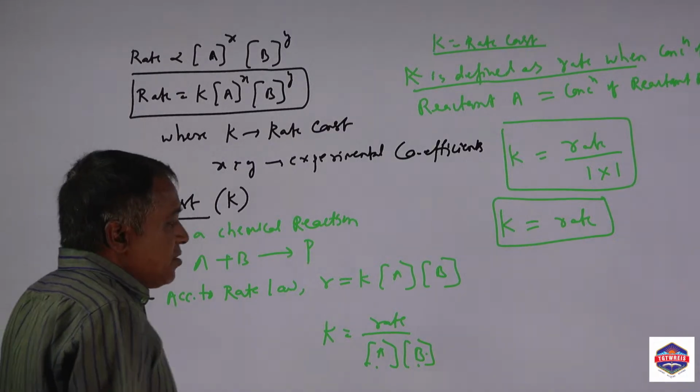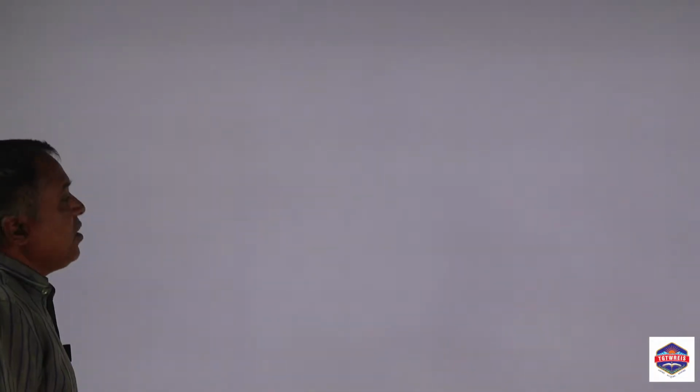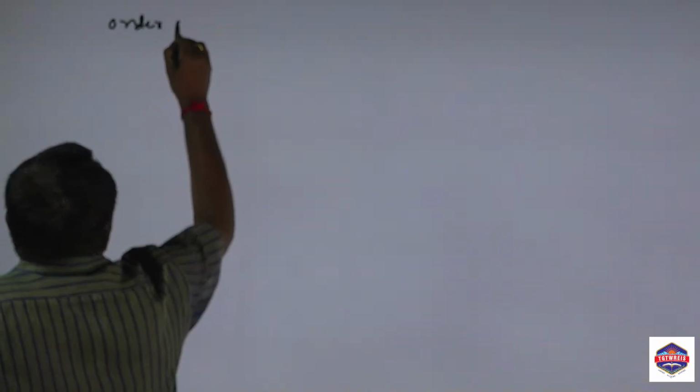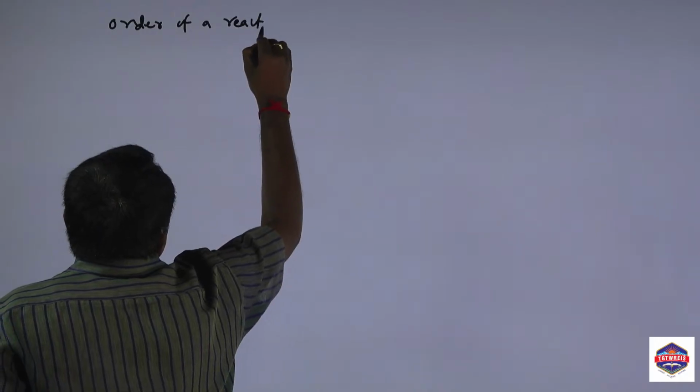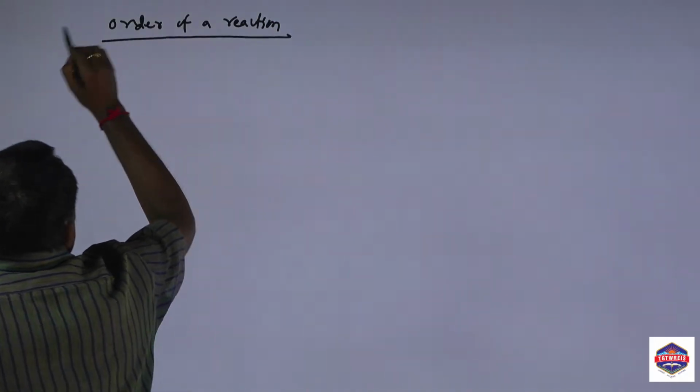So after this, we defined rate, we defined rate law, and we defined rate constant. Now it is time for order of a reaction. What is order of a reaction?